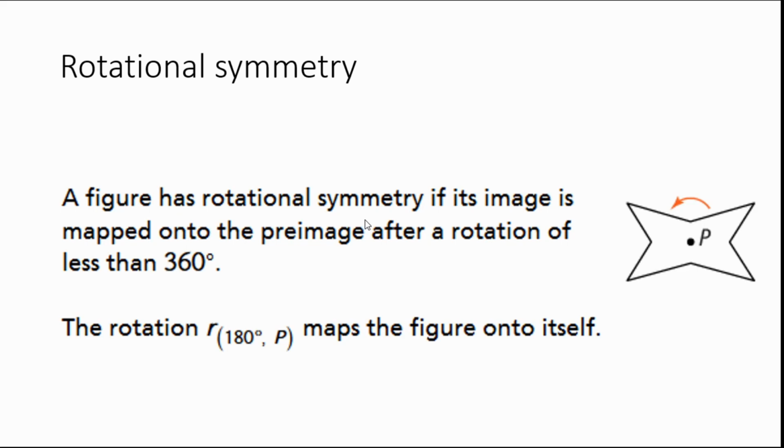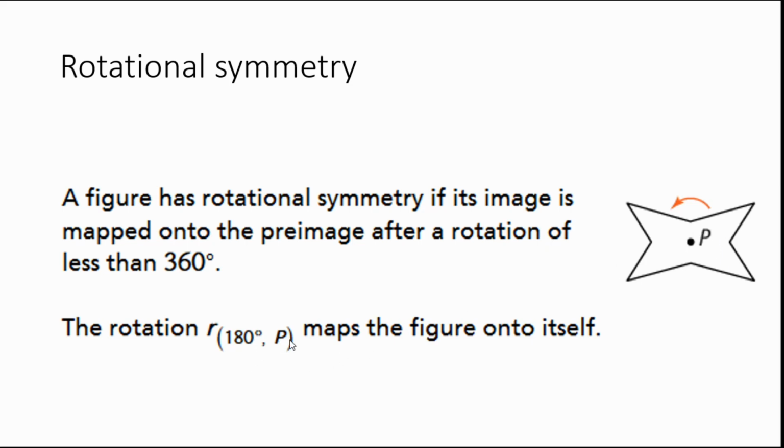Our second type of symmetry is called rotational symmetry, and a figure has rotational symmetry if its image is mapped onto the preimage after a rotation of less than 360 degrees. The rotation, and then this is our rotation notation. Notice it's the lowercase r. This means to rotate it 180 degrees with the center of rotation at P, and that will map the figure onto itself.